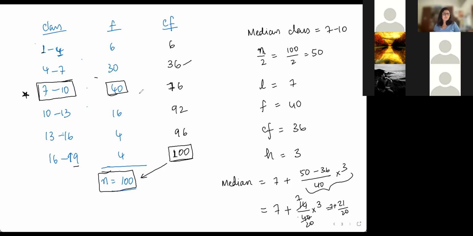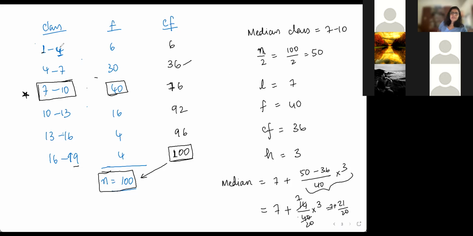Whichever is the maximum, that's your modal class, because that's the meaning of mode. Cumulative frequency is basically the cumulative of all the frequencies.